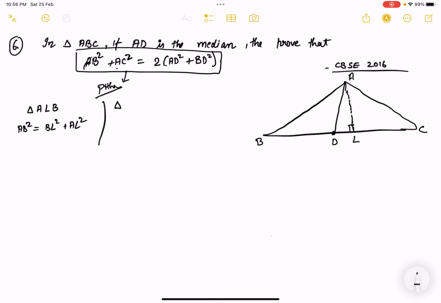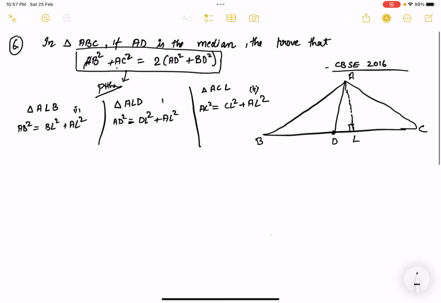Then again we have triangle ALD in which we can apply Pythagoras theorem. We have AD square is equal to DL square plus AL square. And then we have triangle ACL in which AC square is equal to CL square plus AL square. So let this be equation 1, equation 2 and equation 3.